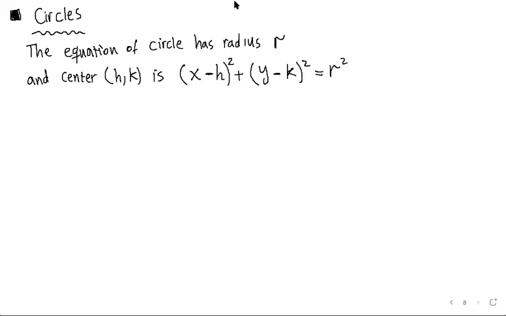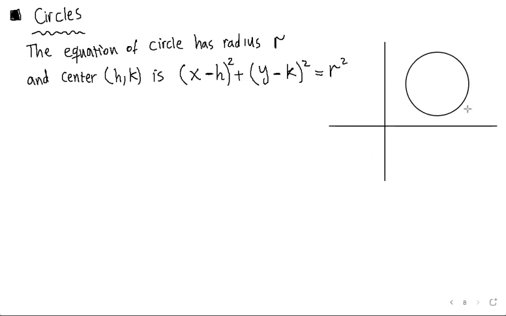Okay, let me show you what I mean. Suppose I have here my plane and the circle, for example, it's here. This is my circle. This is the radius.